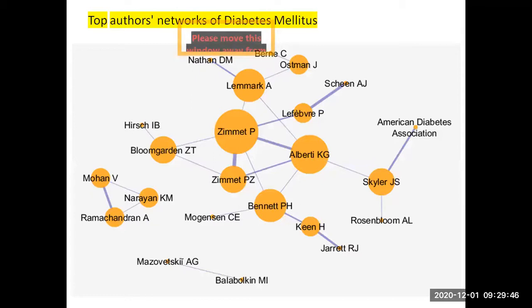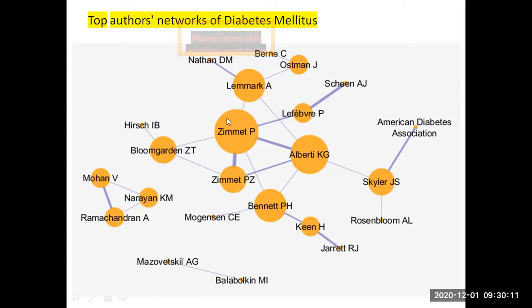So this is the top authors networks of diabetes mellitus. Here we can see once again the different authors networks. One is this big network of Zimmet, Alberti, Lefebvre, Lamarck, and so on. And then there are some other authors.